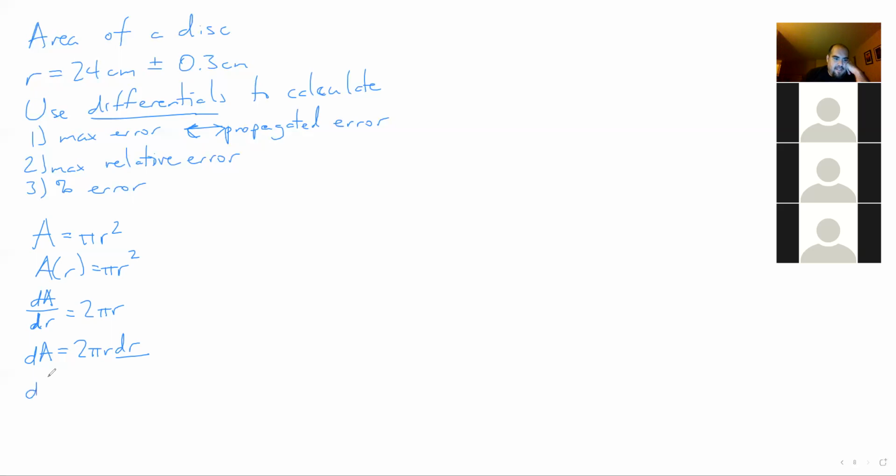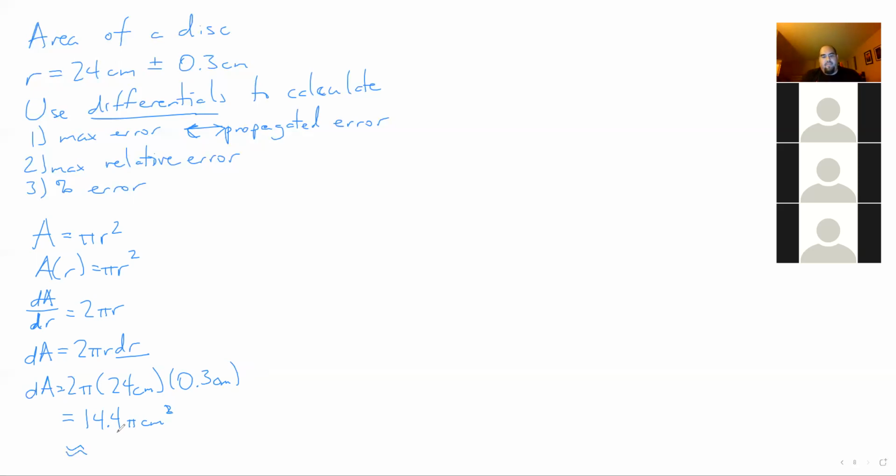So for us, that would be dA equals 2 times pi times, we believe the radius is 24 centimeters. I could be wrong by as much as 0.3 centimeters. So that gives me 14.4 pi centimeters squared.